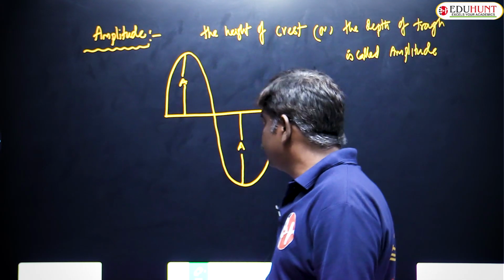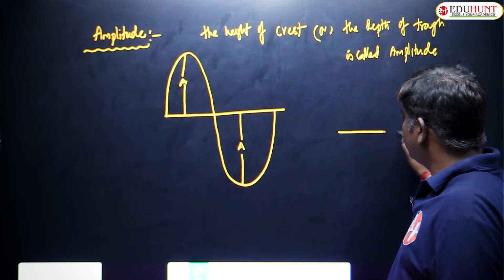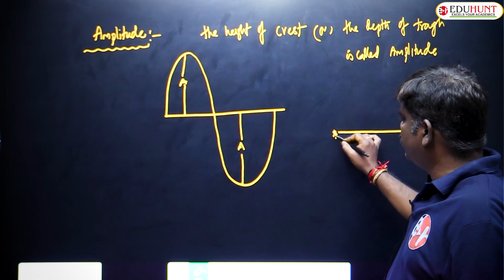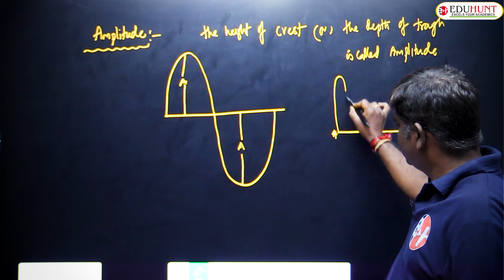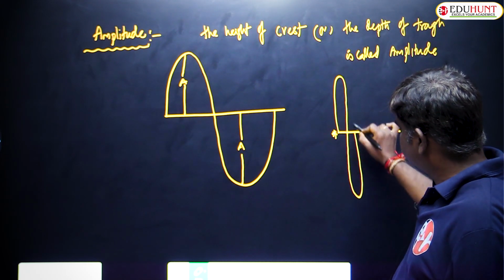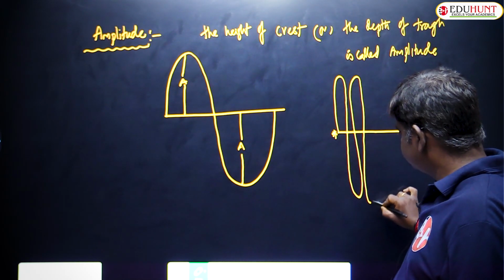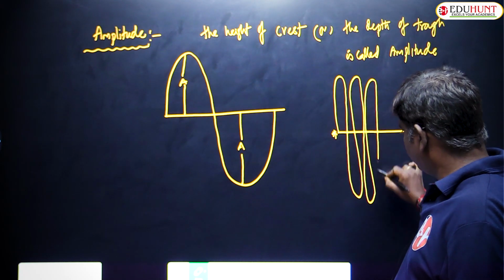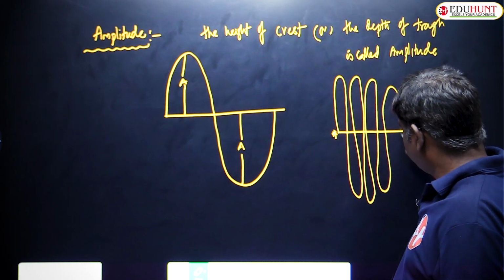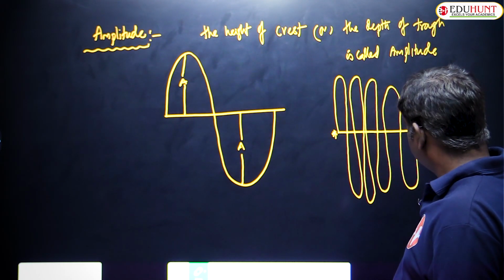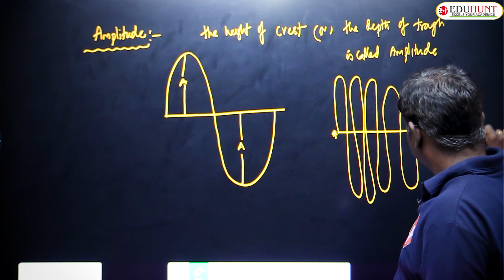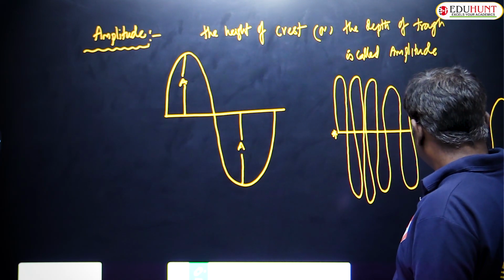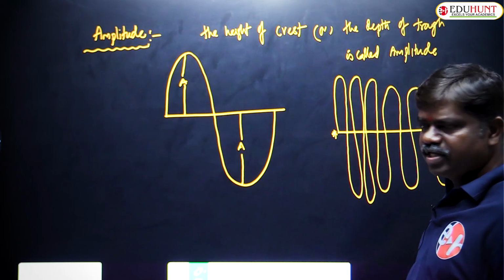So if you observe, at the starting point of the light or any radiation, the amplitude is more. On moving like this, the amplitude decreases.